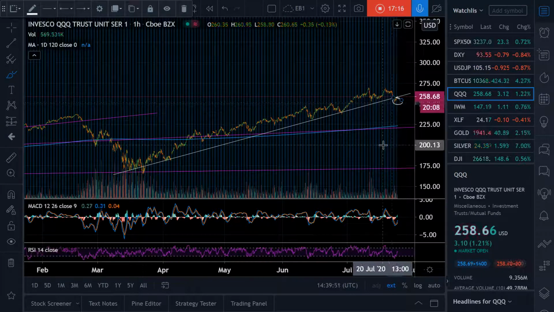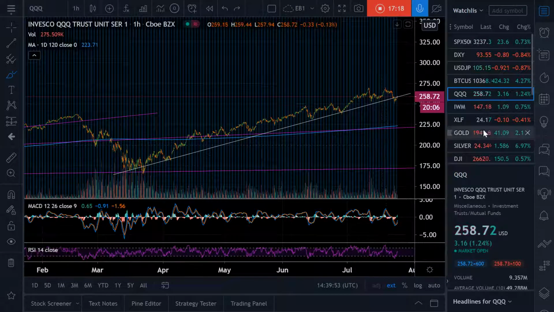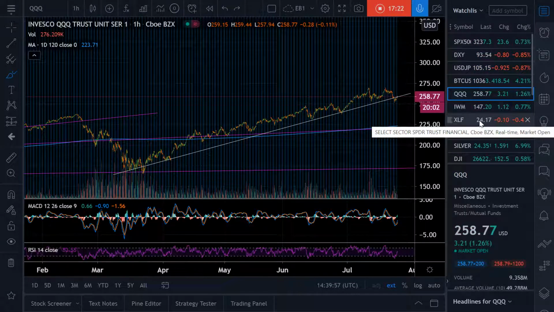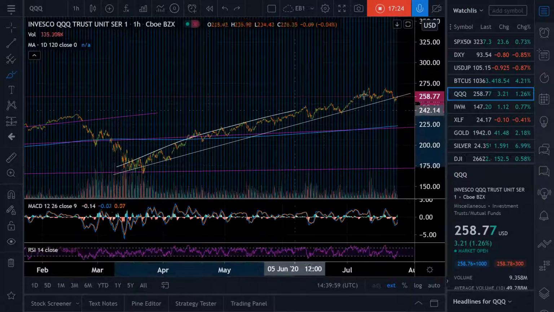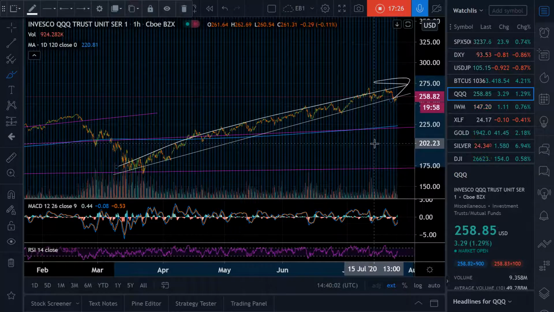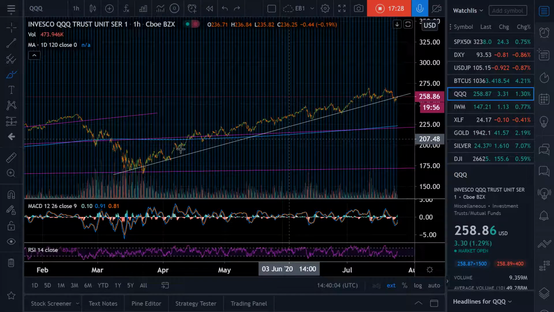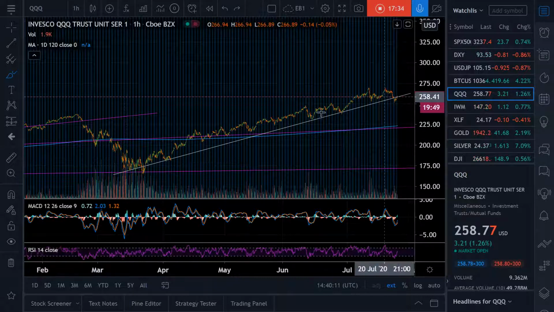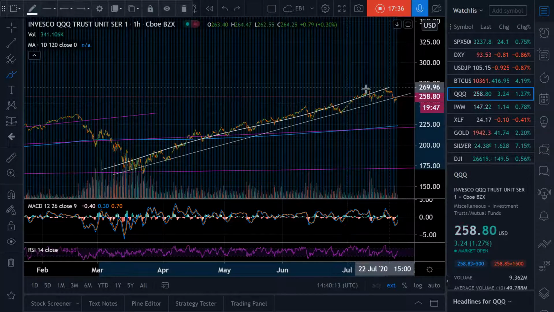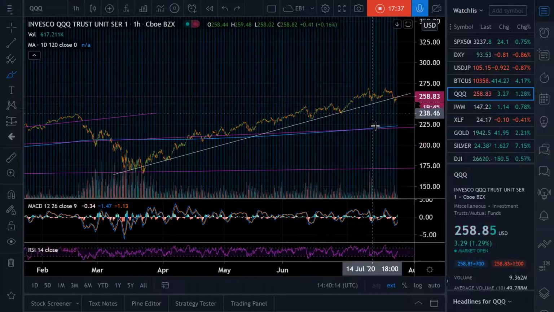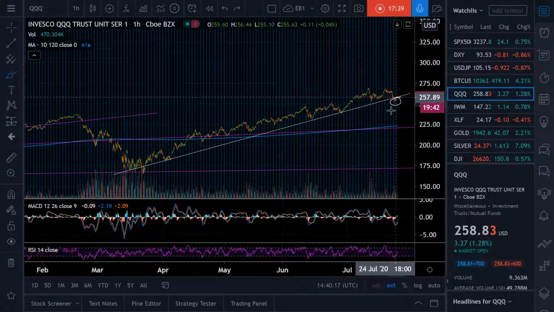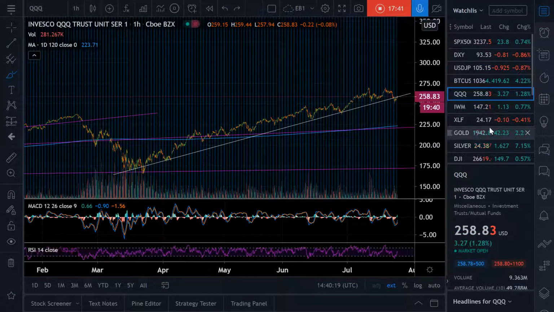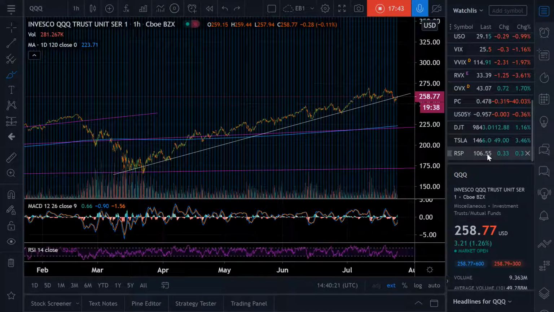It's looking like a short setup, but that's a pretty brave move to short the Qs after looking at this crazy thing. It's just like a steady and grinding high angle sort of bubble line. Yeah, this would be very brave to short this thing right now, but it does look like it might get a technical setup to break down, so it's certainly something to watch.